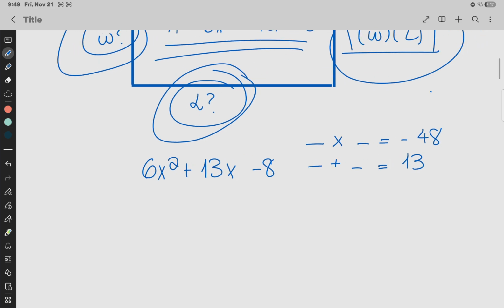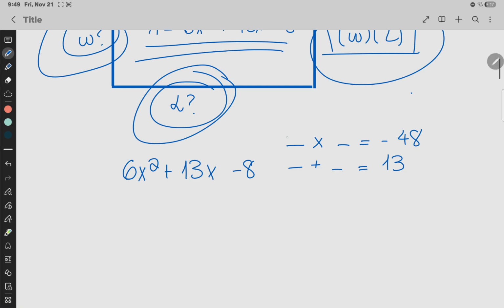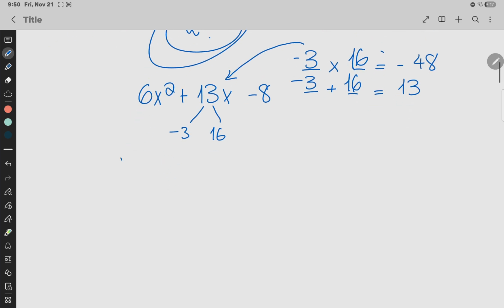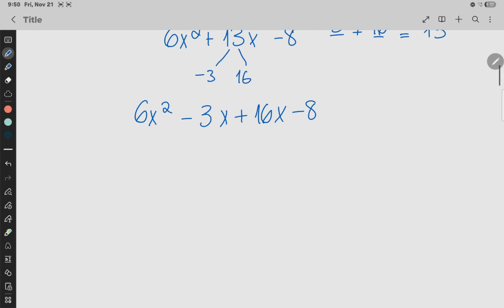Okay, so I hope you have the numbers. It's going to be 16 and 3. More precisely, negative 3 and 16. Okay, so now we just plug this into the b value, replacing it with negative 3 and 16. So that becomes 6x squared minus 3x plus 16x minus 8, and then from here we factor each group.